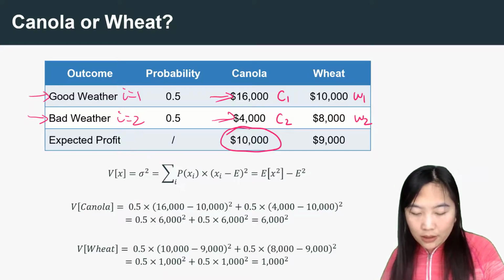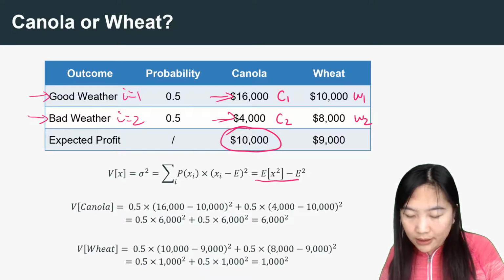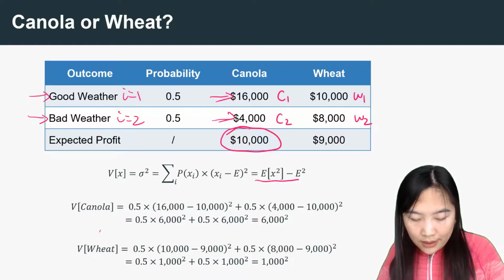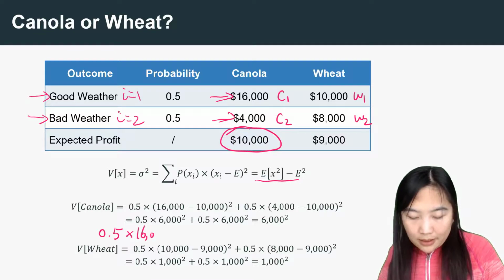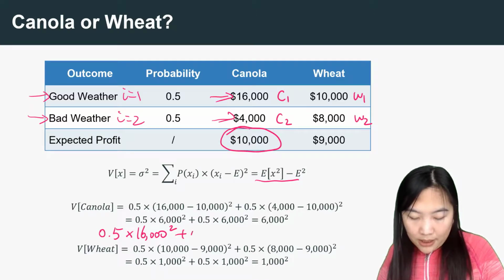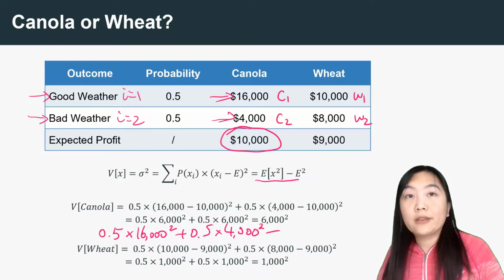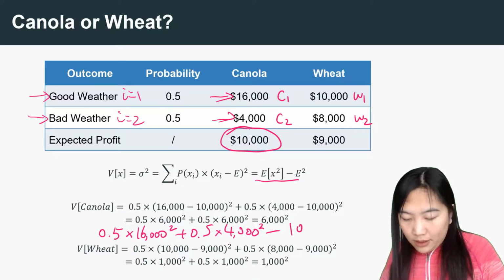A different way of calculating this is using this expression. To use that expression, it is simply the probability times 16,000 squared, plus the probability of bad weather times 4,000 squared, and then you have to subtract the square of the expected value, 10,000 squared.